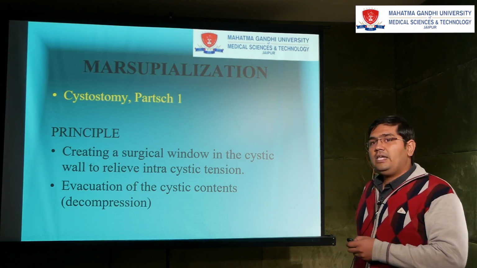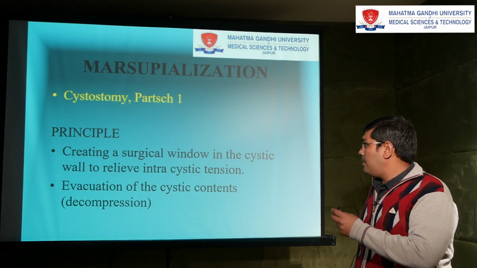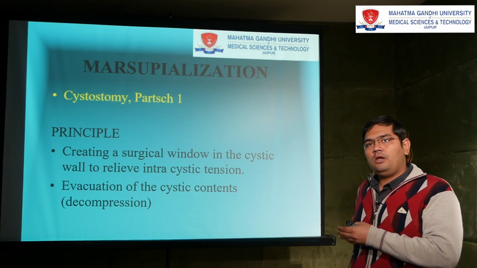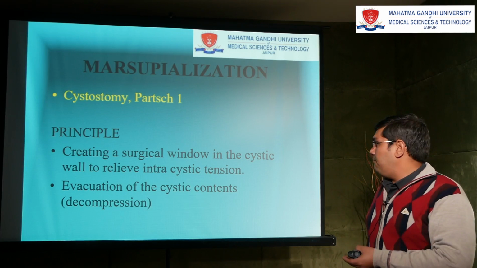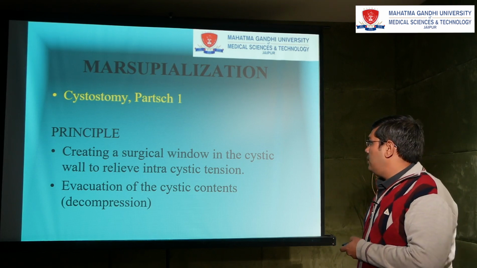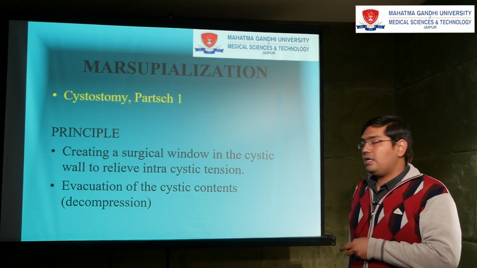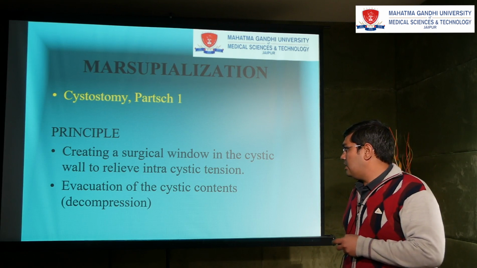So coming to the first method, that is marsupialization, also called as pars 1 or cystotomy. In this basically we create a marsupial, means a pouch. We create a pouch of the cyst cavity and make it a part of the oral environment or adjacent native or natural cavities like antrum. So we create a surgical window in the cystic wall to relieve the intracystic pressure or tension, and we evacuate the cystic content.